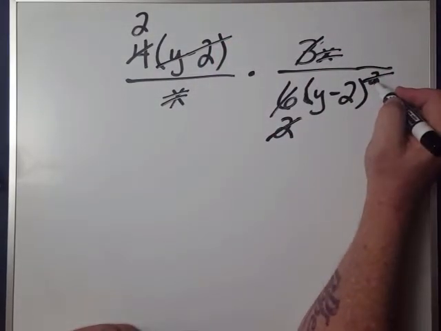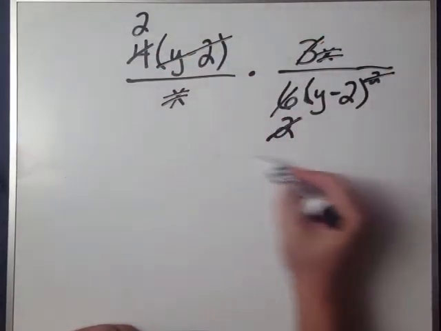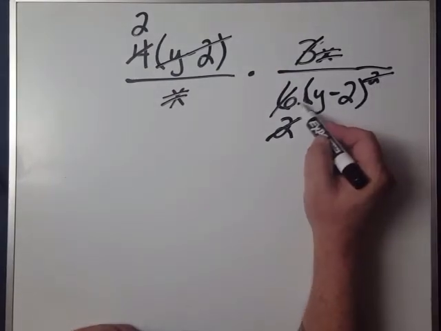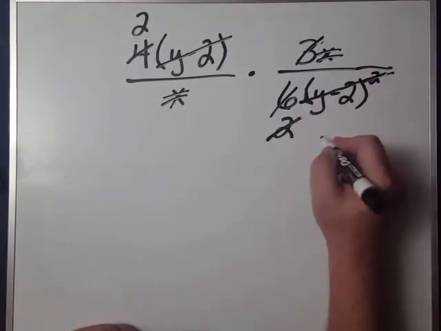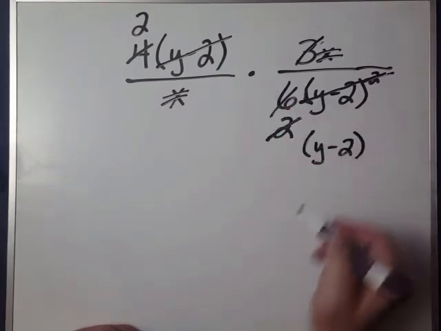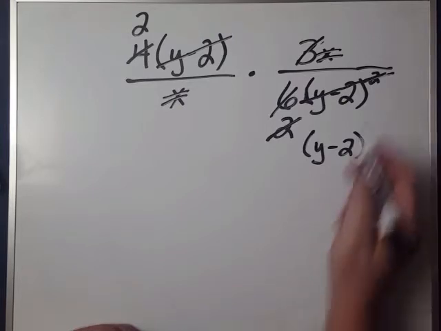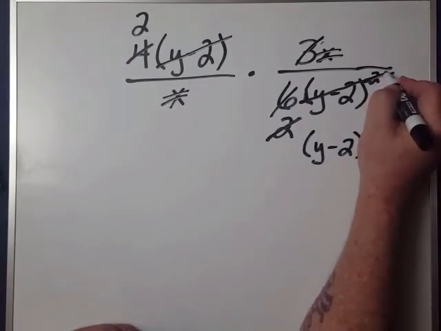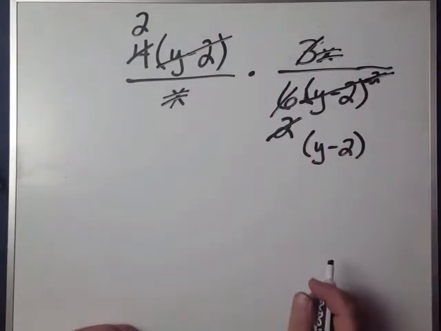Now this is one of those places where if this were much messier, I would strike through the whole thing and rewrite that y minus 2 out here where I'm sure to see it. But if you want to just make your little mark through the 2 in this case, it's not too messy.